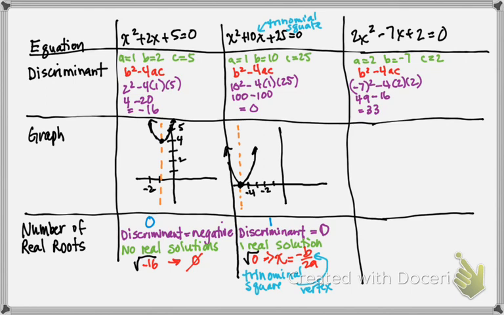Okay, so if I graph this guy, actually, let's go down a little bit more. So negative b over 2a would give me negative negative 7 over 2, which would give me 3.5.